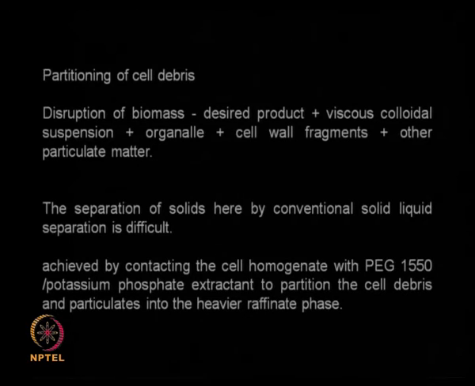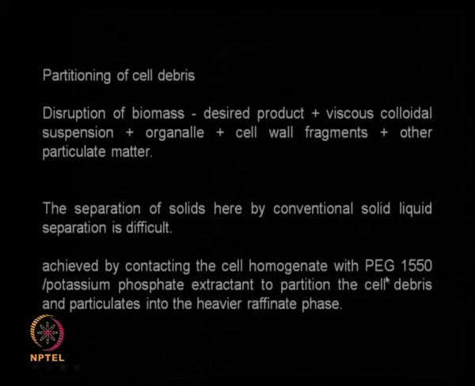You can use this type of aqueous system for partitioning of cell debris as well. Once I disrupt a biomass because my product is intracellular, you are going to have the desired product, a viscous colloidal suspension, organelles, cell wall fragments, other particulate matter, salts and so on. General solid liquid separation, for which we use a filter or a centrifuge, may be difficult.